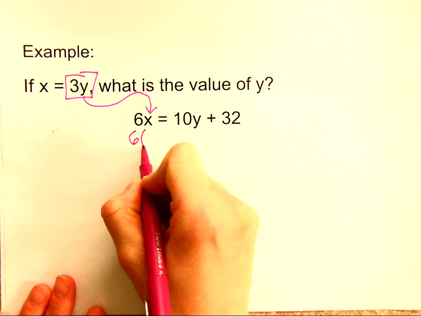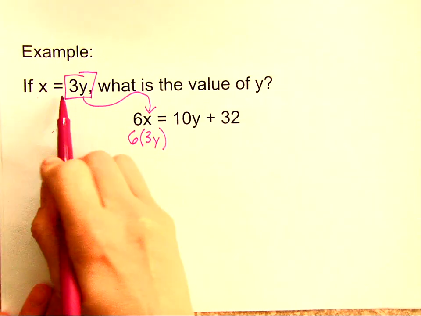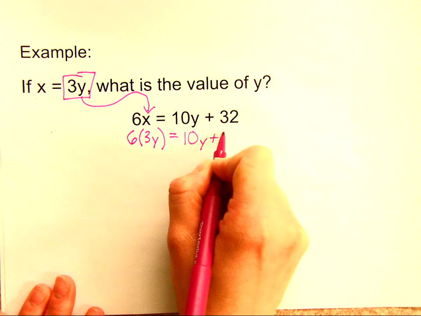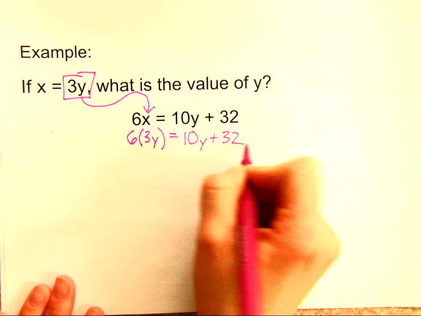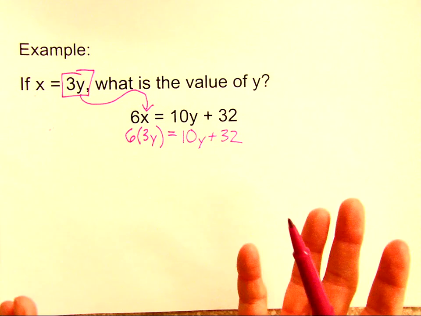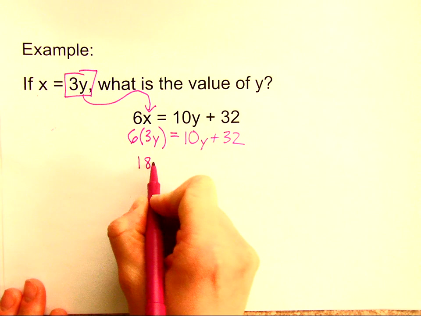So 6 times x, which is equal to 3y, these are equal to each other. Okay, so I still only have one variable. I just have a y. So 6 times 3y gives you 18y.